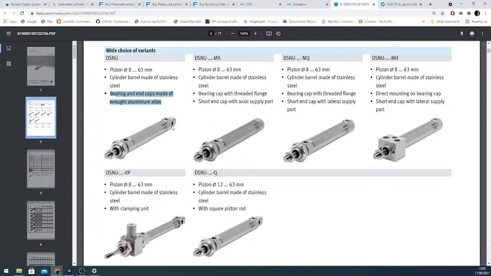Here, for example, the end caps are made out of aluminium. And then this here shows that the backwards end cap is for axial support. That means that it's supported from behind, not from the sides. Lateral support, lateral supply port, square piston rod, wow, and clamping unit.